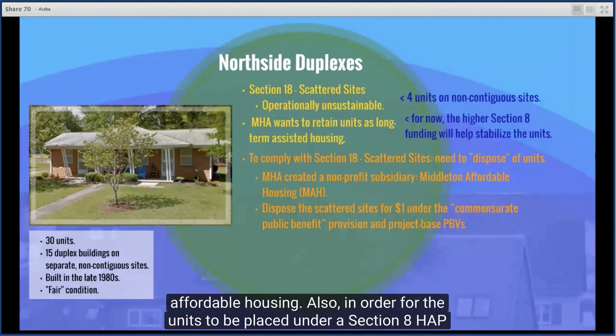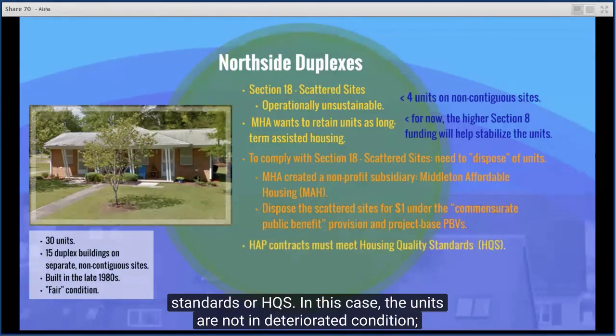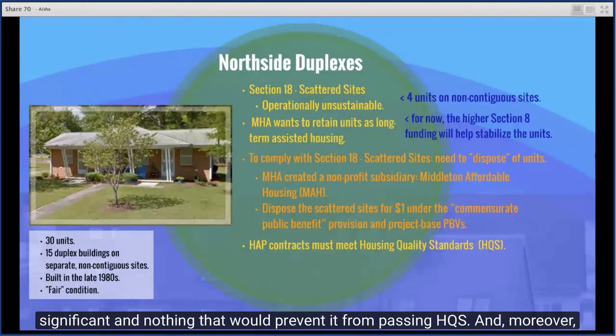Also, in order for the units to be placed under a Section 8 HAP contract, the units must substantially meet the voucher program's Housing Quality Standards, or HQS. In this case, the units are not in deteriorated condition. The PHA has identified some immediate repairs that it will undertake, but nothing significant and nothing that would prevent it from passing HQS.